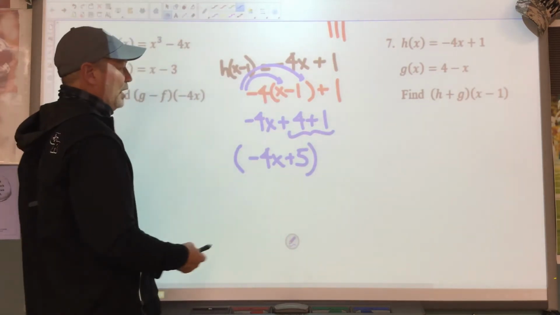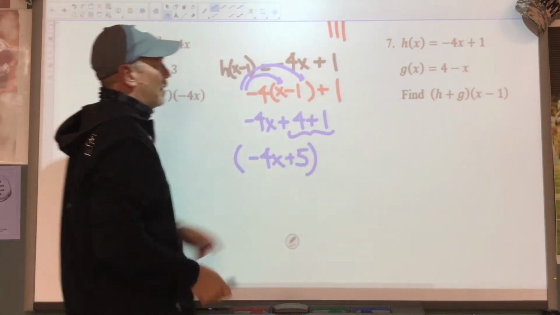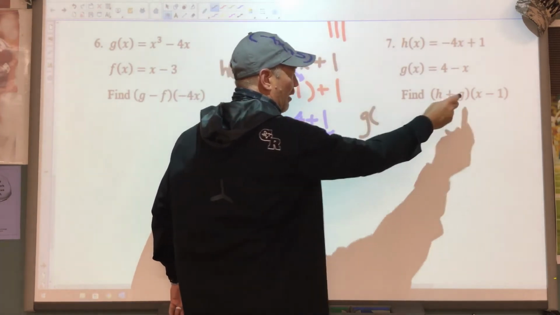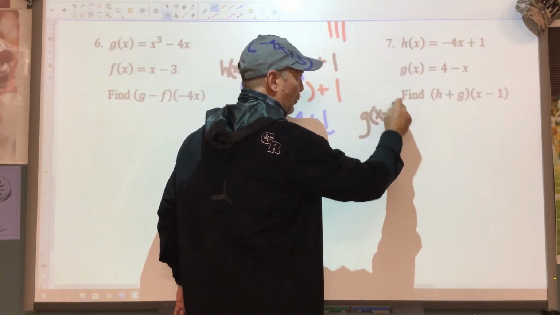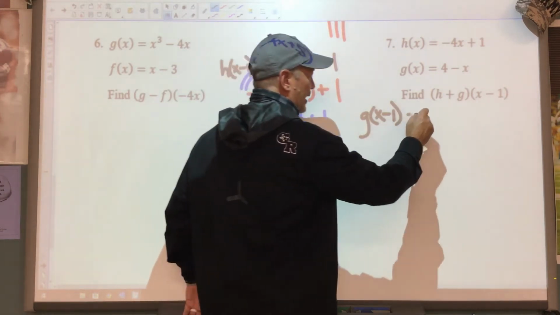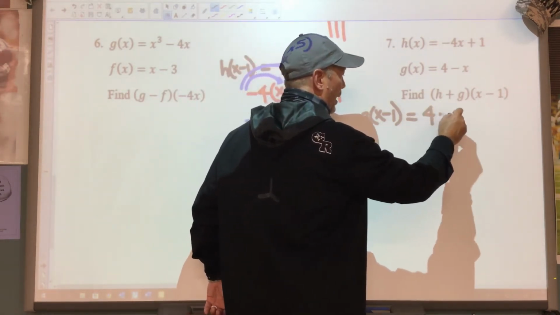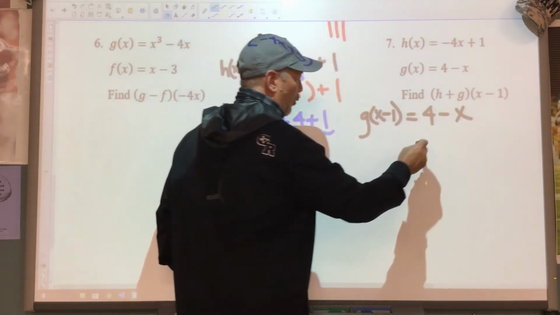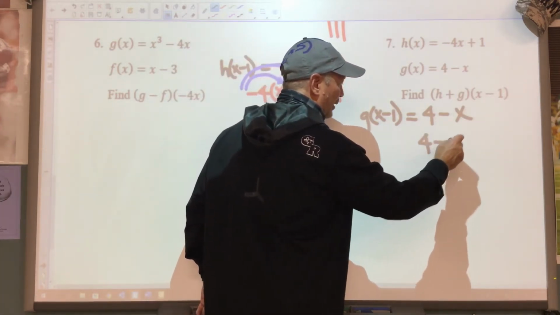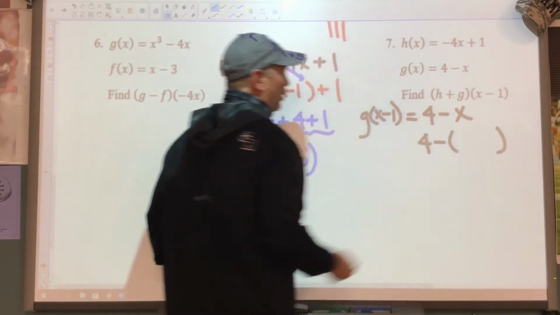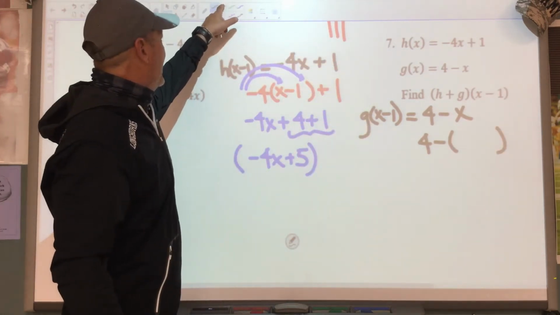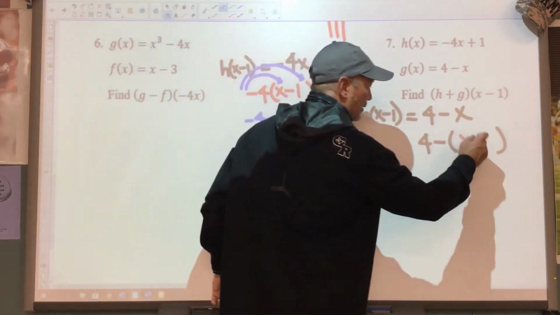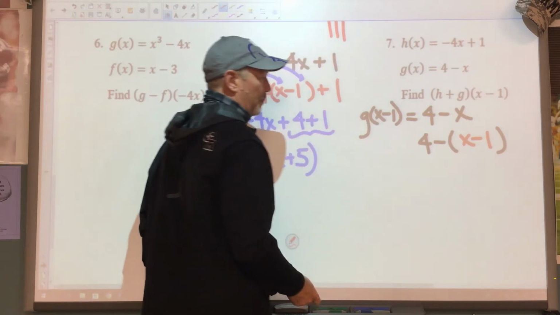So as far as my g value goes, we're going to say g of x minus 1. We're going to evaluate it for x minus 1, and that equals 4 minus x. So we're going to say 4 minus, and inside the parentheses, we're going to put x minus 1.